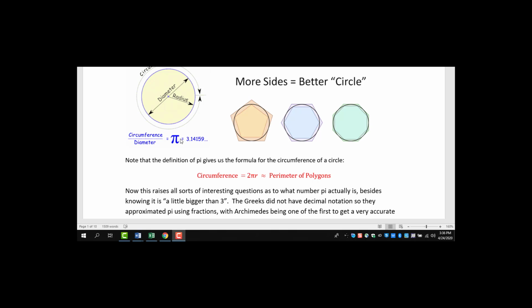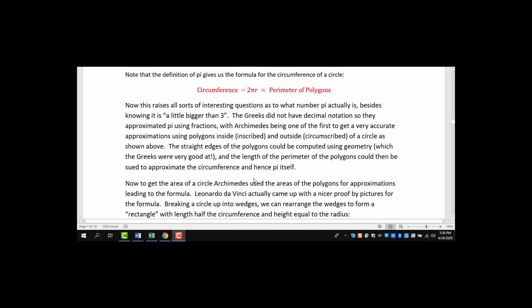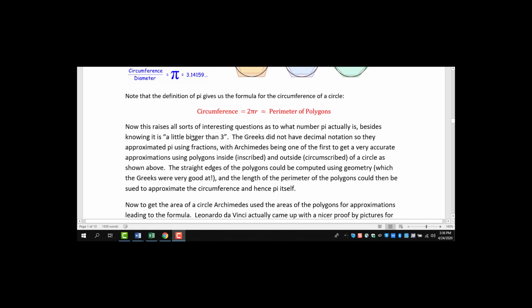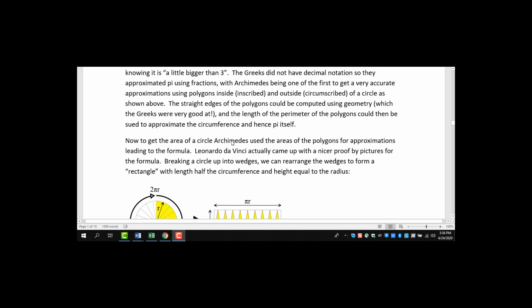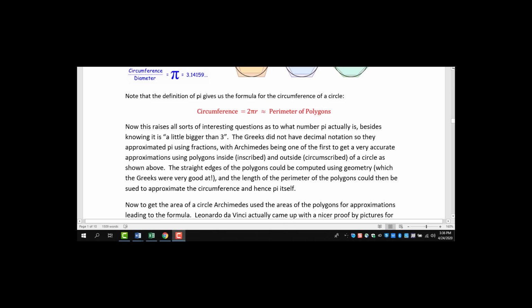It'll come up times the diameter here, and the diameter is twice the radius, so the diameter equals 2r. So 2 pi r is the circumference of a circle. We'll come back to the circumference in the next one.